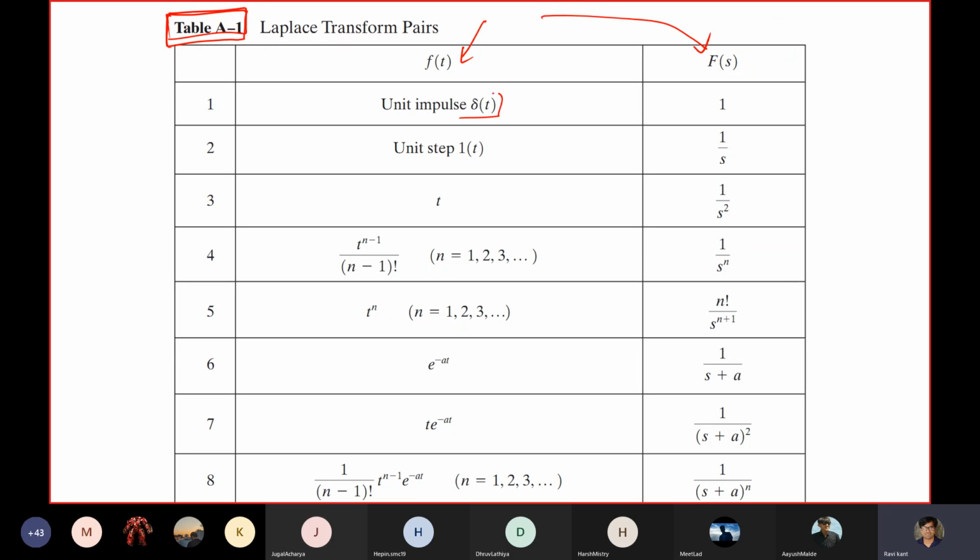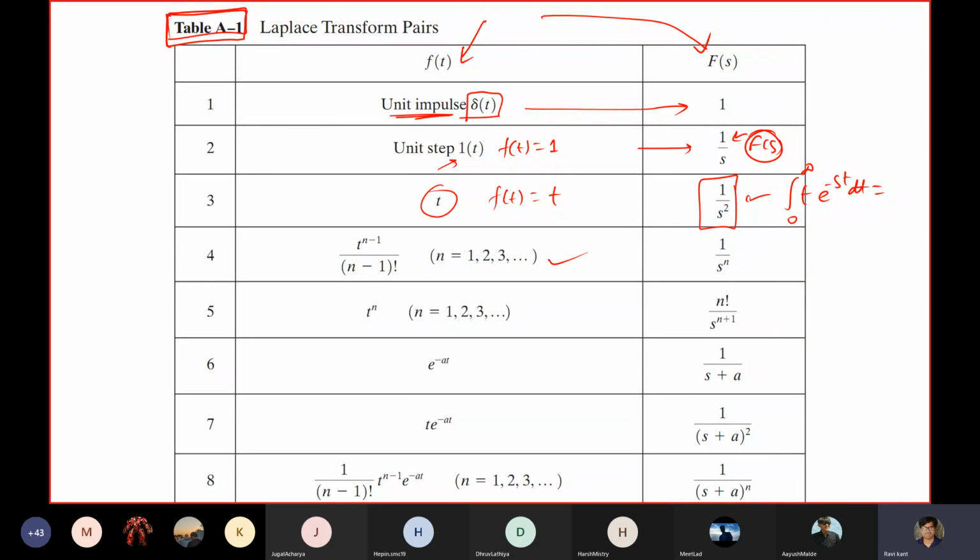So for the unit impulse, whenever you do the transformation of unit impulse, I'll talk about what it is in later classes, you will get 1. If you have f(t) equal to 1, what I got was 1 upon s. This is my F(s). Whenever I took f(t) as t, and I do the integration of t e to the power minus st dt from 0 to infinity, when I do proper algebra, I'll get 1 upon s square.